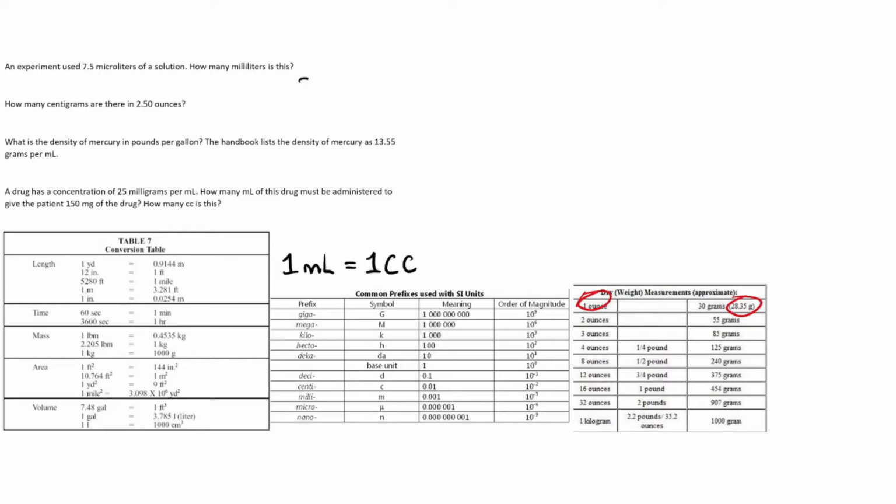We start off with 2.5 ounces, and we want to put our ounces in the denominator in the conversion. For every 1 ounce, we get 28.35 grams.